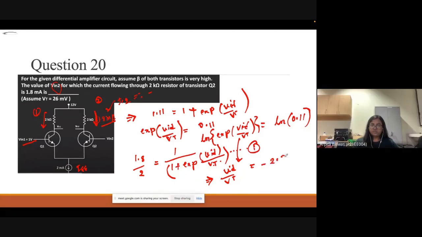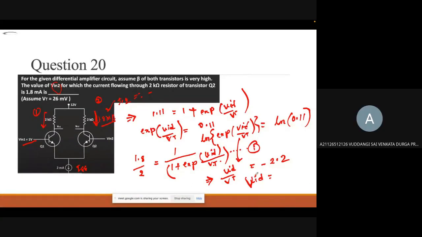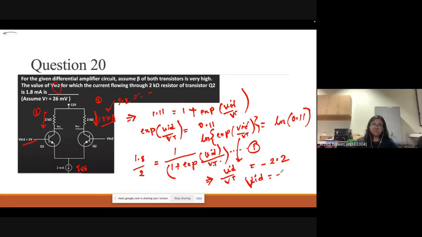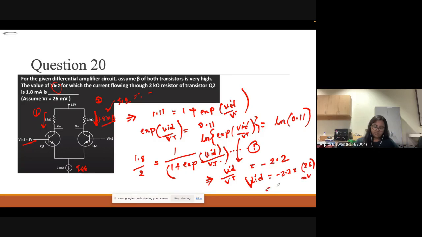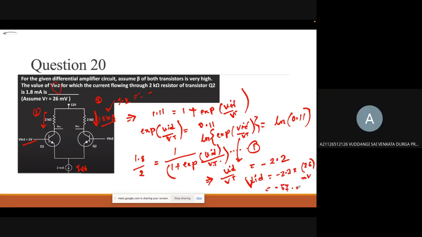Yes, minus 2.2. Now tell me what is the value of VID. Just minus 2.2 multiplied with 26 millivolts. Minus 57 millivolts. Yes, the VID is equal to minus 57.3 millivolts.